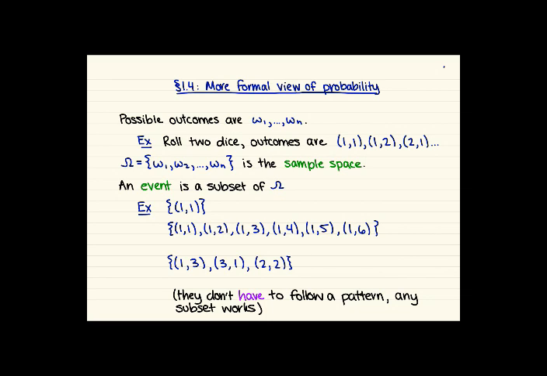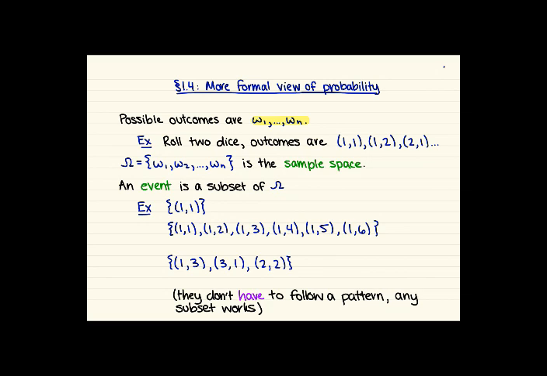So suppose we've got some sort of random thing happening, like rolling 2 dice, and we'll start by listing the possible outcomes. So in the general notation, that would be with the omega 1 up through omega n.